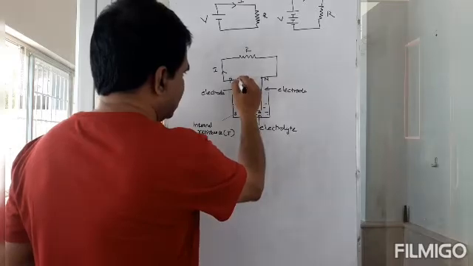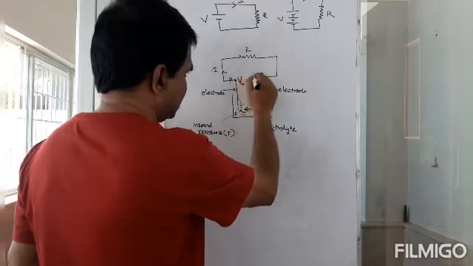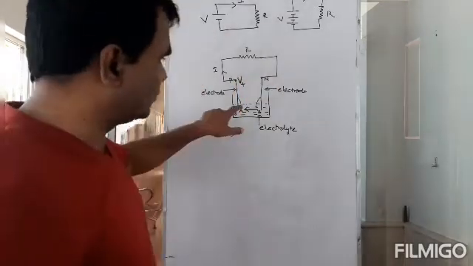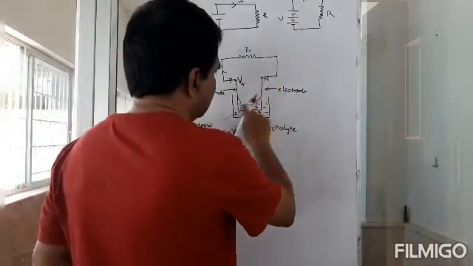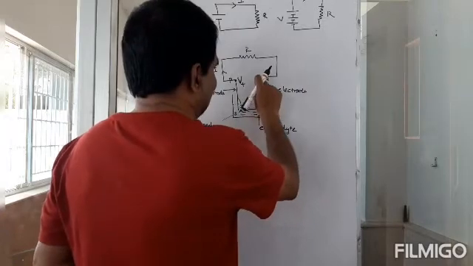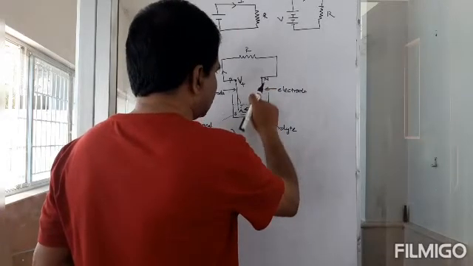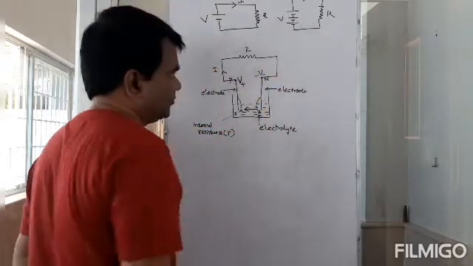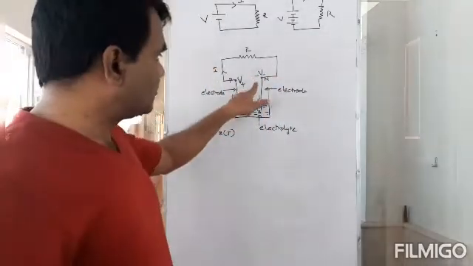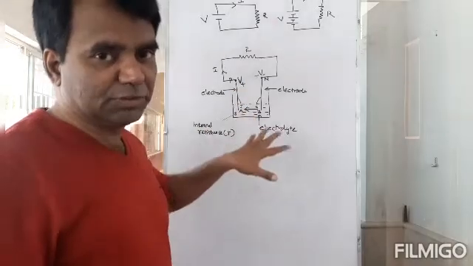So V plus was the potential with respect to this previously. And previously again, when current was not flowing, the potential with respect to this was minus V minus, right? Because it's negative potential compared to this. That is how it was.